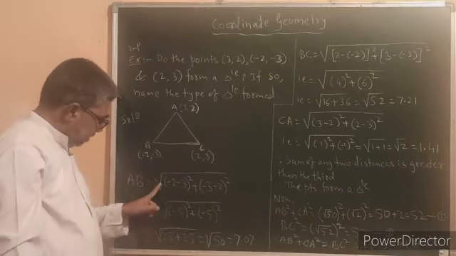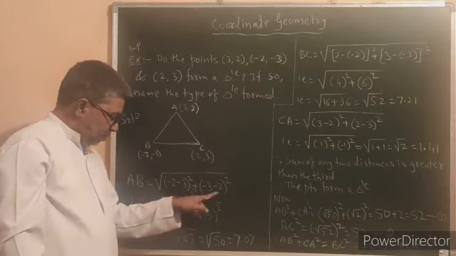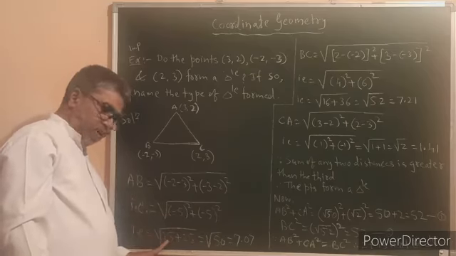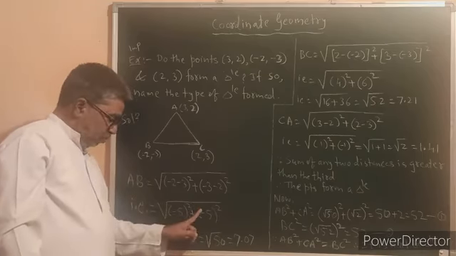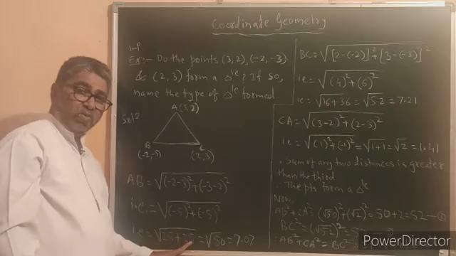Let us simplify this. Minus 2 minus 3 is minus 5 square, plus minus 3 minus 2 will be again minus 5 square. Minus 5 square is 25 plus minus 5 square is again 25. 25 plus 25 will be 50.